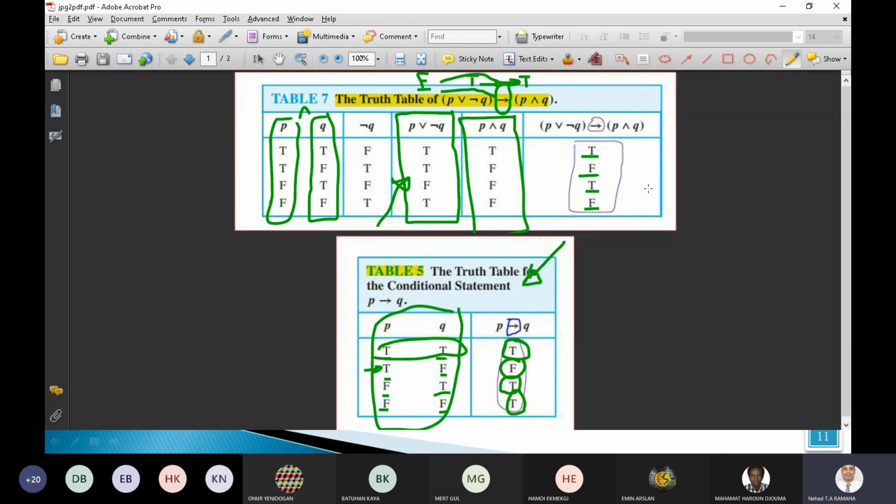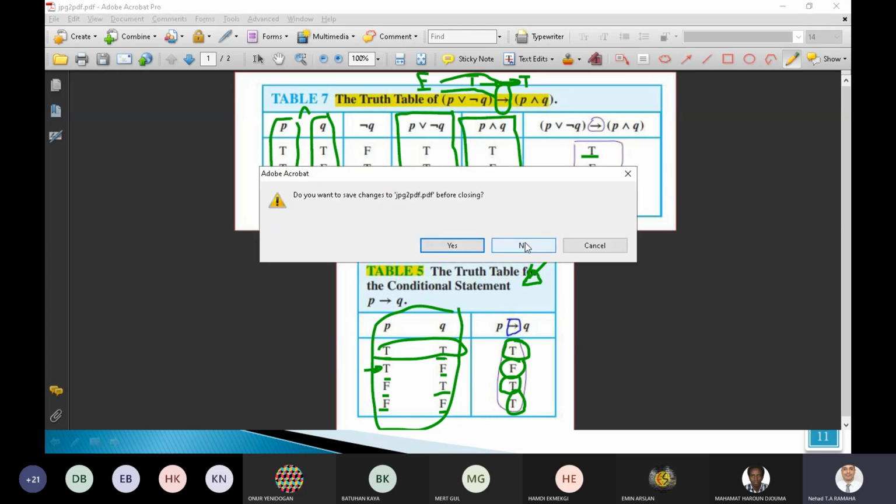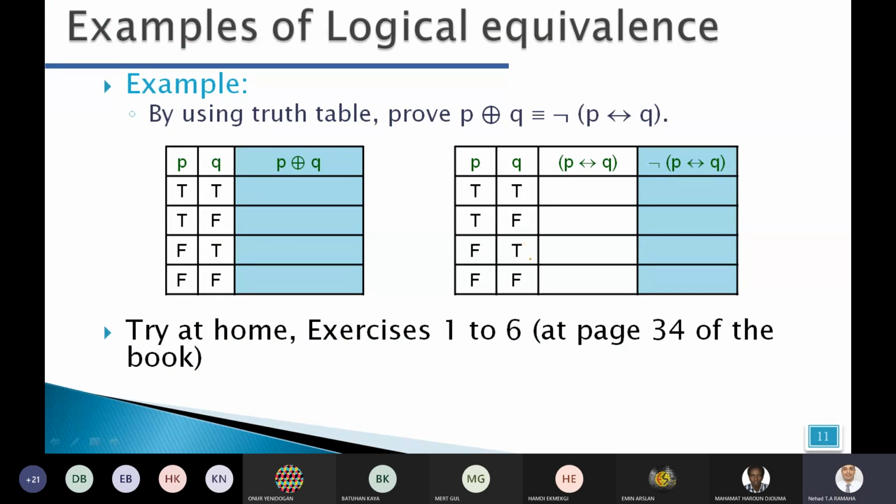Hopefully, this answers your question. I don't remember the name of the student, but from his question, I understand that some students have a misunderstanding here. Okay, now we continue.